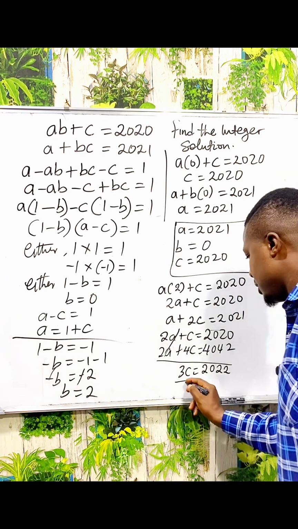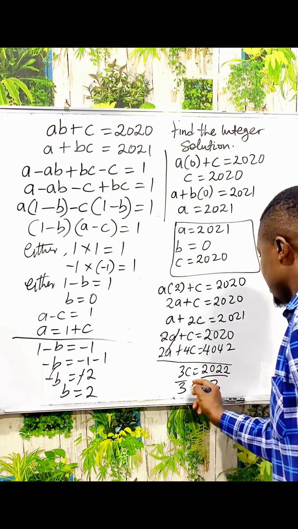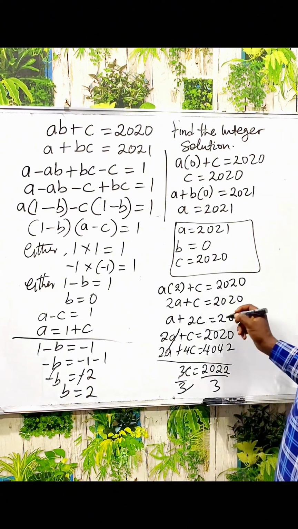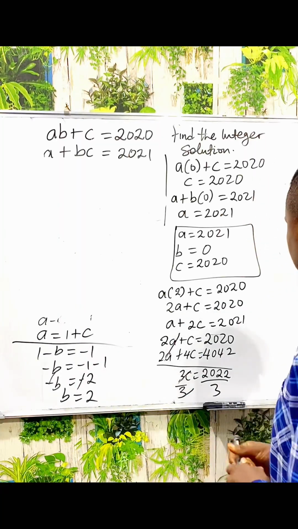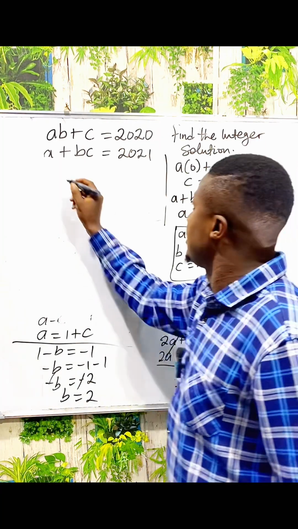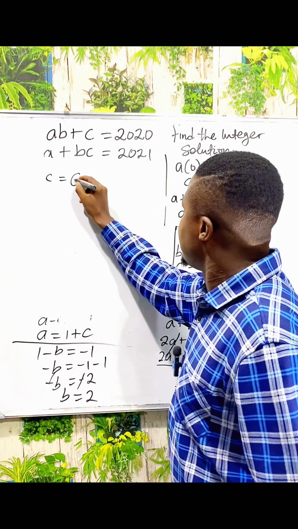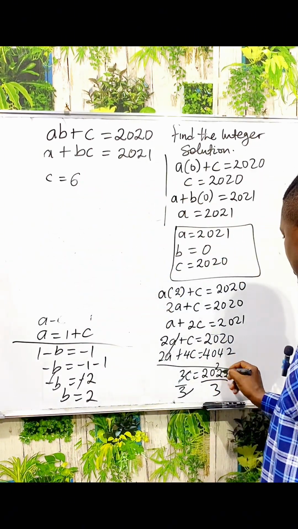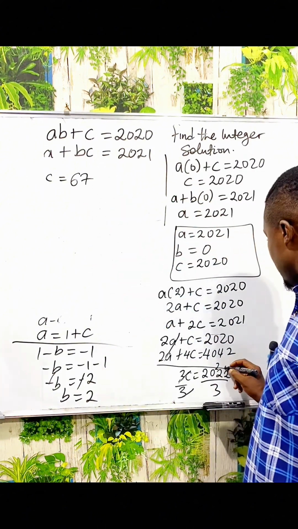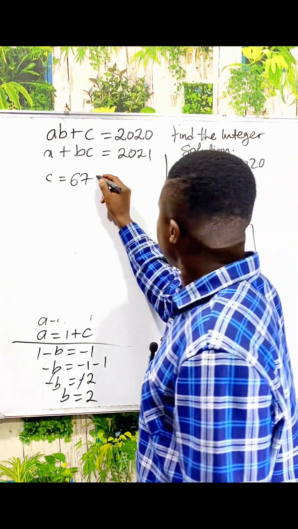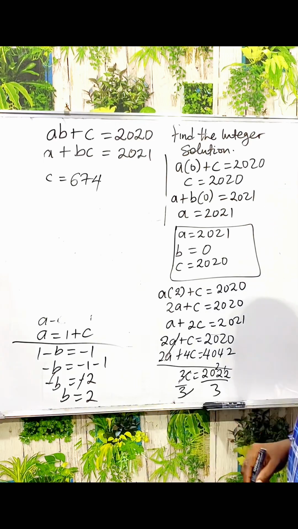Then divide by 3. When I divide by 3, 20 by 3 will give me 6, remainder 2. 22 by 3 is 7, remainder 1. 12 by 3 is 4. This is what we are having for C.